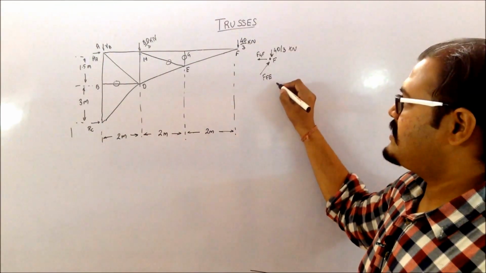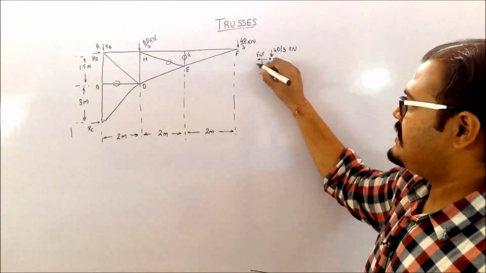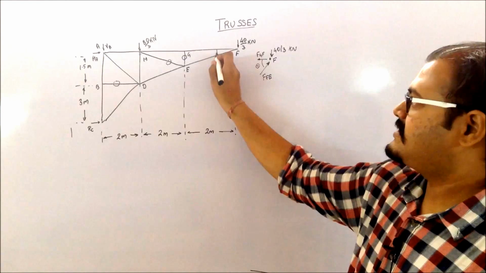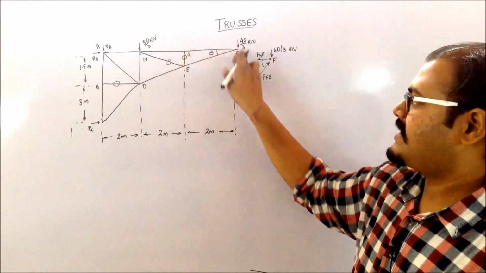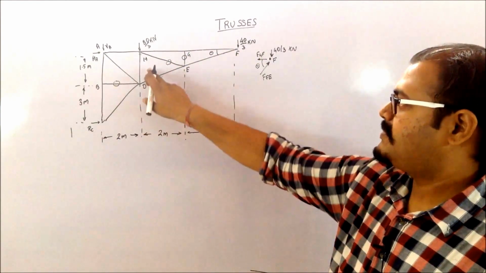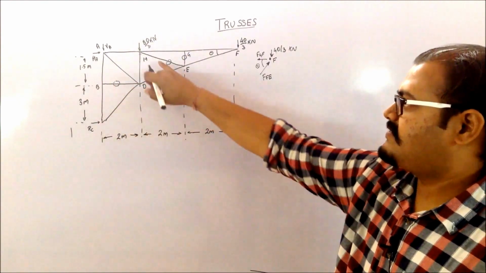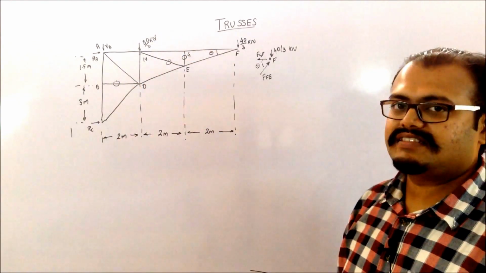So let us try to analyze this. I require this theta. You can observe from the figure that my theta is basically this particular angle in the triangle. So it will be basically tan inverse of this distance, that is 1.5, divided by this particular distance, which is 4.